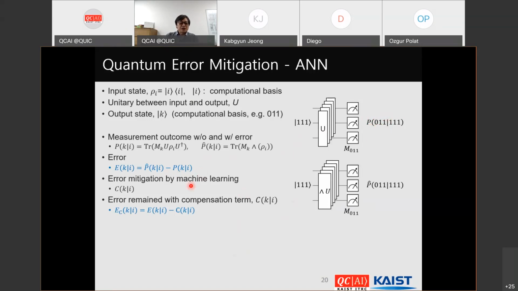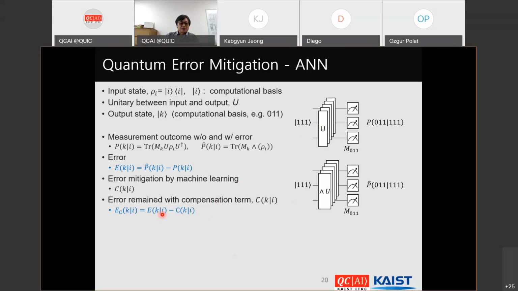And then the error mitigation amount is trained. In the beginning, in the learning stage, we just characterize the error amount produced by the neural network, and then a correction or compensation term is trained by the neural network.